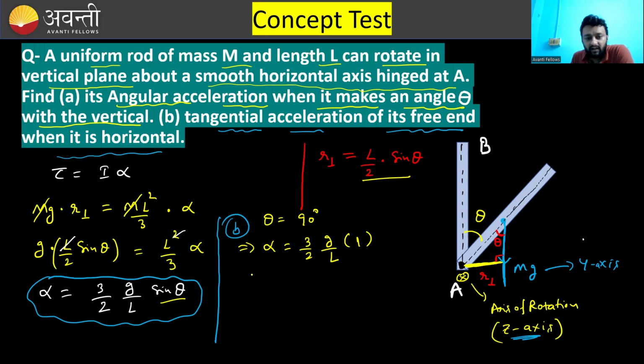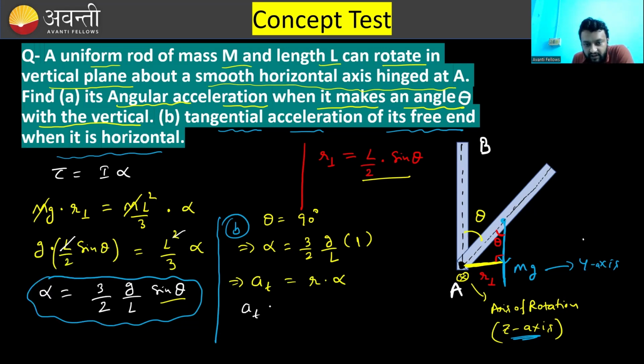Moving further. If we know the alpha, then can you say that tangential acceleration is what? R times alpha. R is the length of the rod. Again, I will put the values.